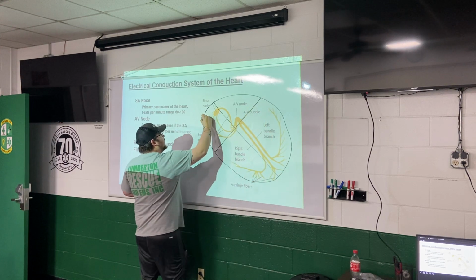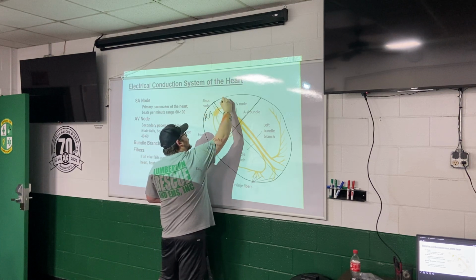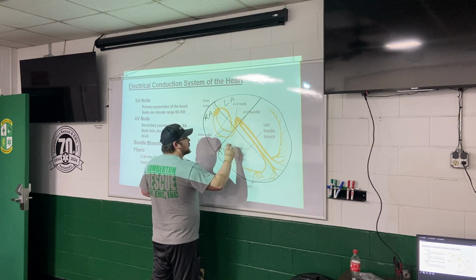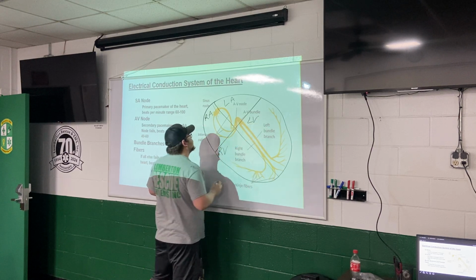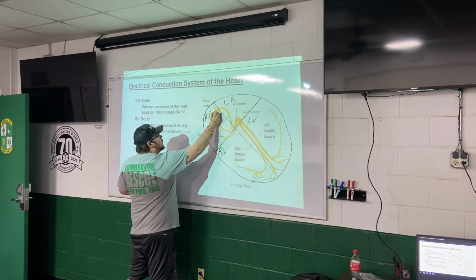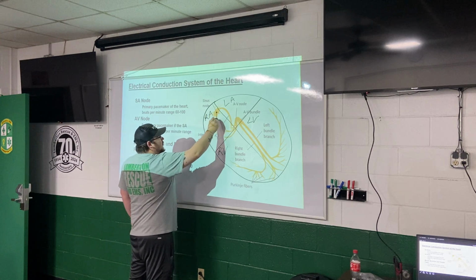So we'll say this is the right atrium, this is going to be the left atrium, right ventricle, left ventricle. So your SA node, which is right here, primary pacemaker, comes all the way through.